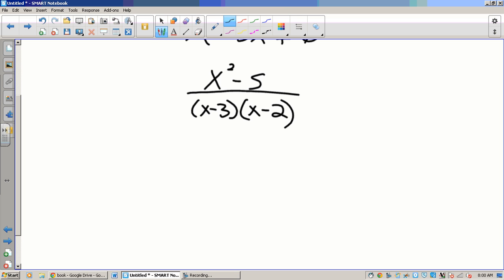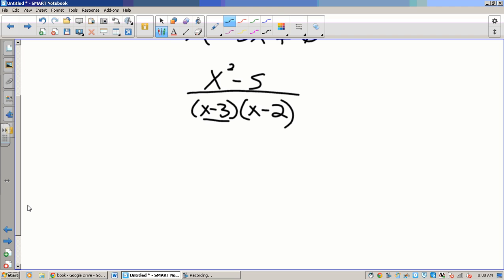So then we have to say, anything, it's this value, x minus 3 times this. What would make this so it's not true? What would make this so the denominator equals 0? Allie? 3 and 2. Okay, so if this equals 0, then anything times 0 is going to equal 0.